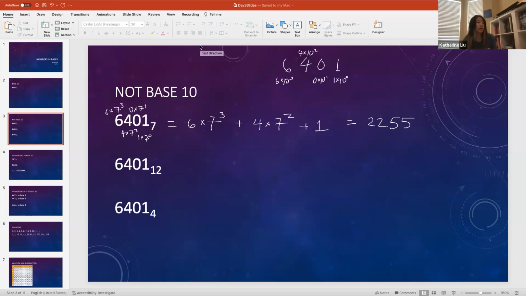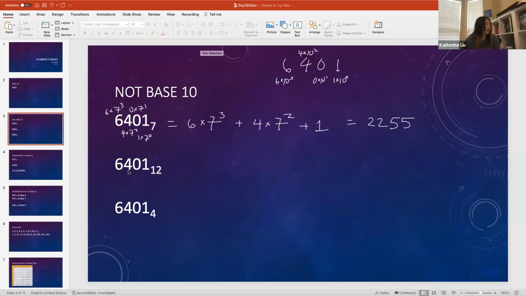So now, we used base 7, but now we have another example, which is base 12. And the thing about bases is you can have bases with numbers greater than 10 and less than 10. And I'll show you the specifics of the ones greater than 10 in a few moments.